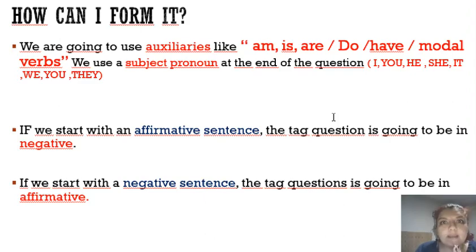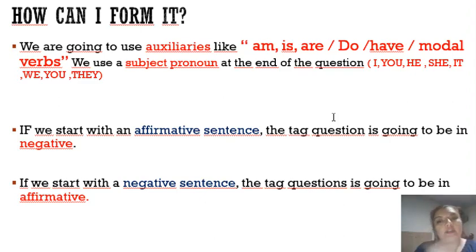If when we make a sentence, we start with an affirmative sentence, my tag question is going to be the negative. For example, if I say, do you understand? My tag question is going to be, don't you? I start with positive and I will finish with negative.